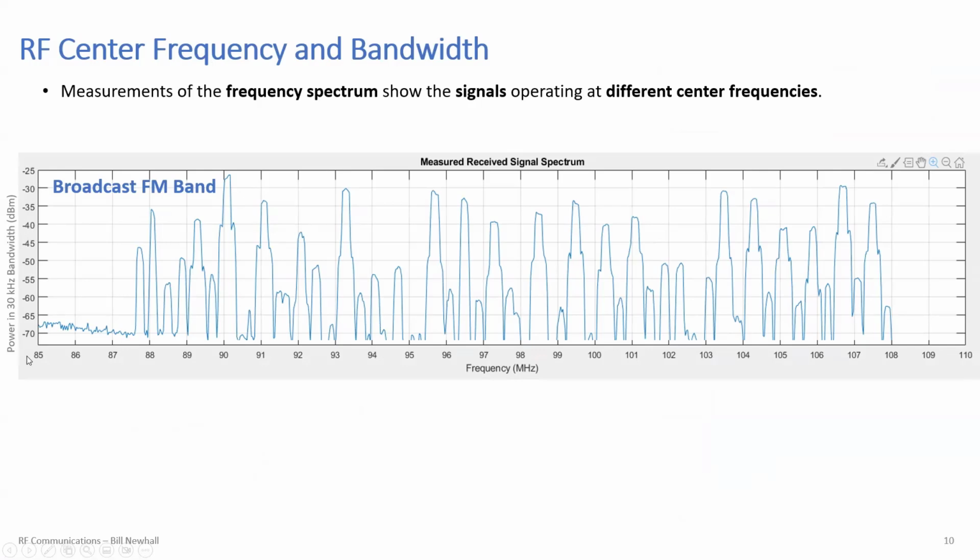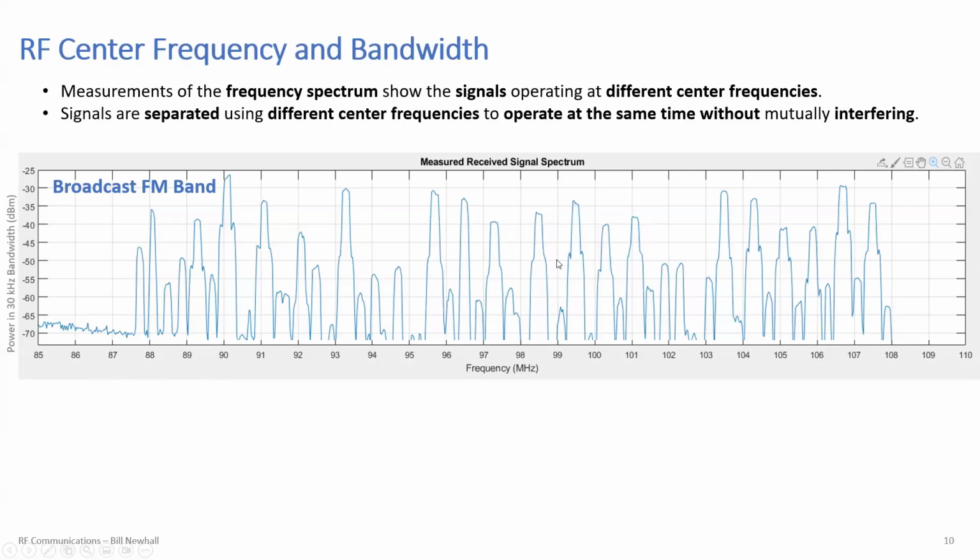So here's a measure of power, right? So this is power in a certain bandwidth in a certain unit, but that's the strength of the signal versus frequency. And so frequency here goes from 85 megahertz to 110 megahertz. So if you get in your car and tune around in the FM band, you go from just above 87 megahertz to just below 108 megahertz, and these are all the radio stations.